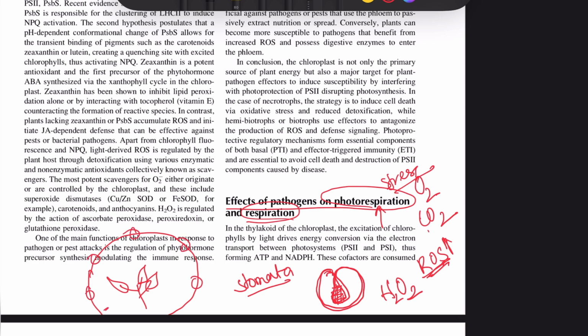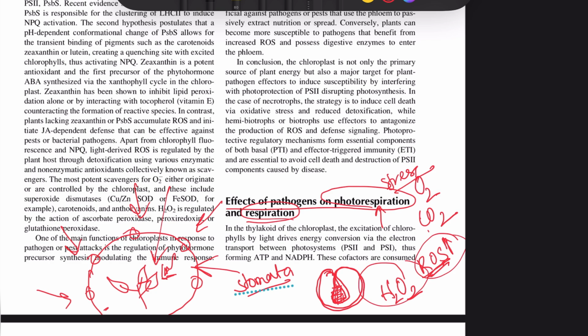Anywhere a pathogen tries to attack, they have set many signaling molecules, either ROS or H2O2, which signal the plant that the enemy is coming, so start defending yourself. Now the pathogens target all those areas so that the plant cannot get that message, so that the plant will be defenseless and the pathogen can attack.